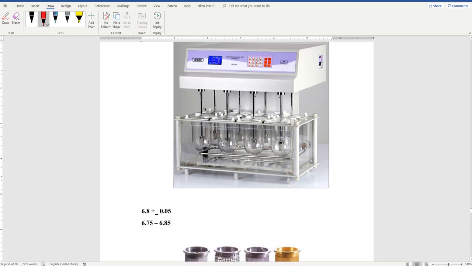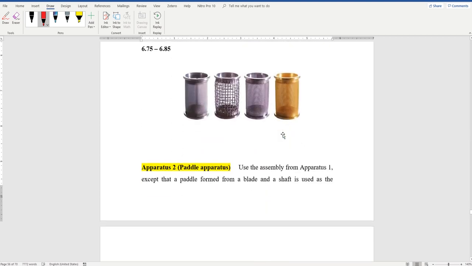So what is the usual way of operating this machine? What are the specifications? How can we say, okay, the tablets pass the test for dissolution or it doesn't pass? Okay, first, you need, as I told you, to put the tablets in the basket and then set the rotation of the shaft to 100 rounds per minute.